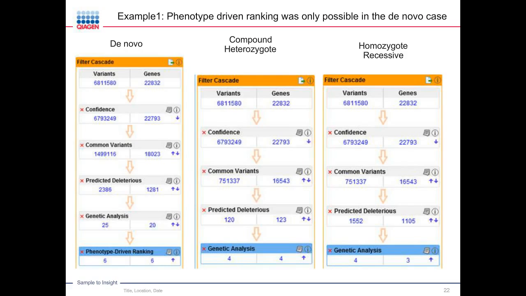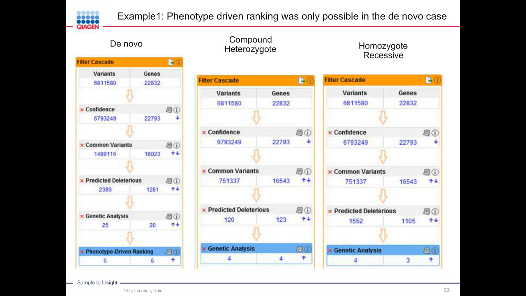So only in the de novo case could the filter be applied, reducing it to 6 variants. And there we found the best candidate on the top. So you save a lot of time by doing that in parallel.